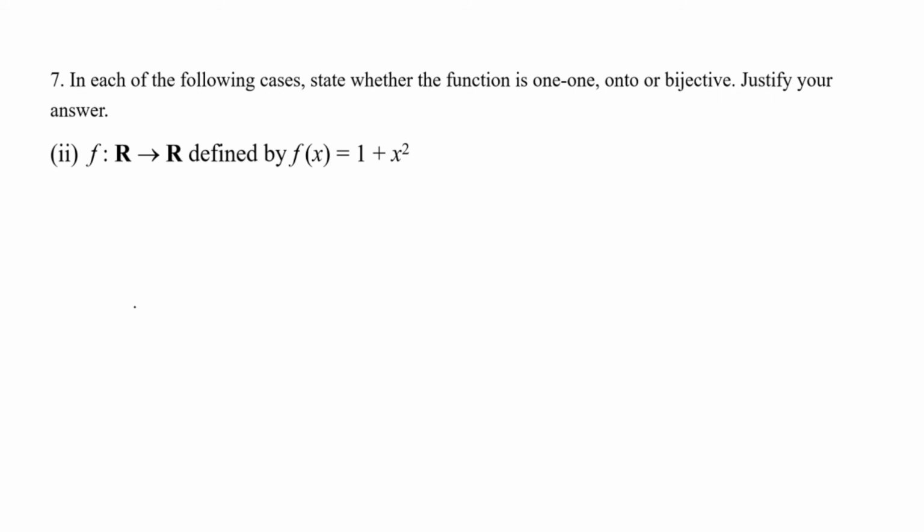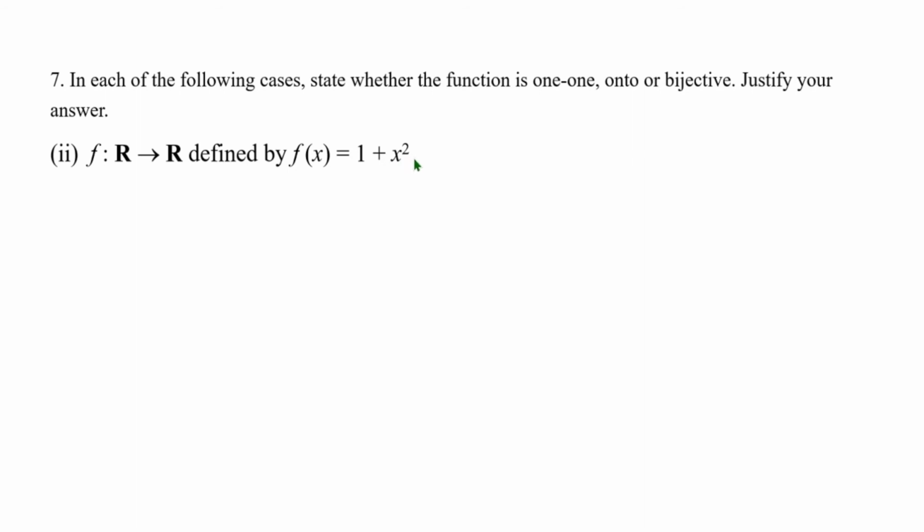The function f from the set R of real numbers to the set R of real numbers defined by f(x) = 1 + x². So here you can see that f is not one-to-one because if we take f(1), it is equal to 1 + 1 = 2, and f(-1) is also equal to 1 + (-1)², which is 1 + 1 = 2.